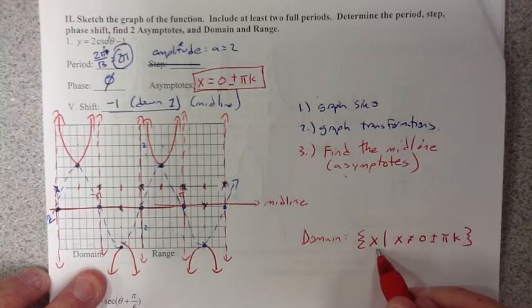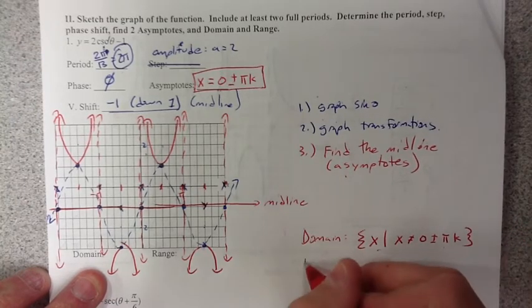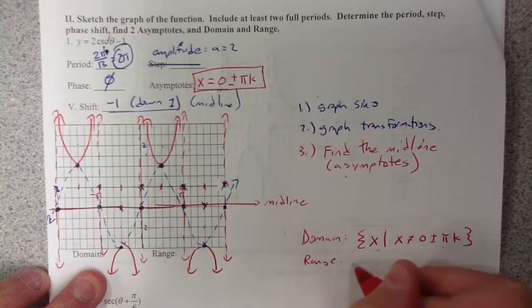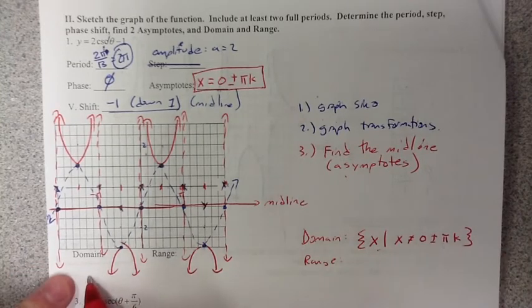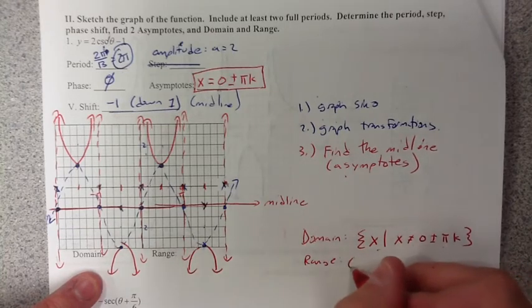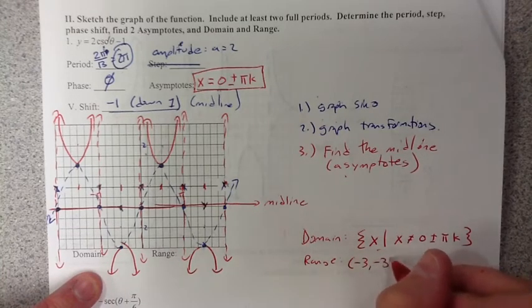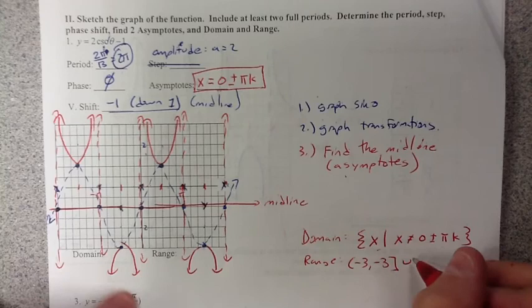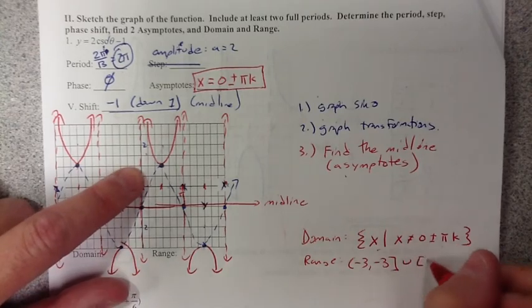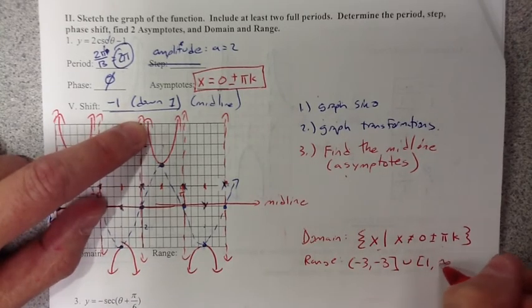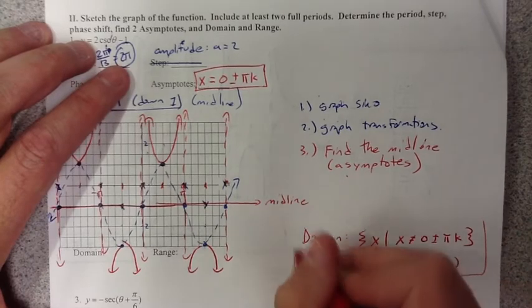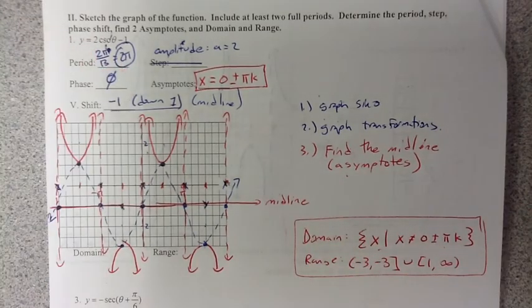We're saying it could be any x but the asymptotes. To get the range, very simple. Just like here, I'm going to use my interval. It's from negative infinity to negative 3, and it can include negative 3, or it starts up here at 1 and goes up to infinity. And there's our domain and range.